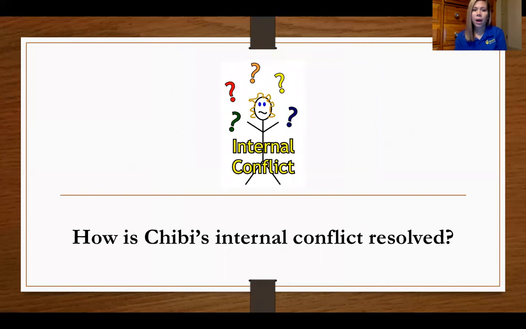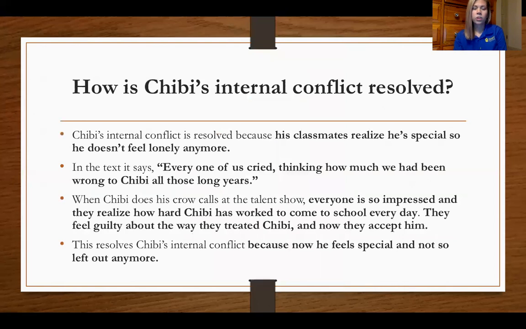So think about how Chibi's internal conflict was resolved. Remember, internal conflict is a problem in the character's heart and mind. Chibi's internal conflict is resolved because his classmates realize he's special, and so he doesn't feel lonely anymore. In the text, it said, "Every one of us cried, thinking how much we had been wrong to Chibi all those long years."